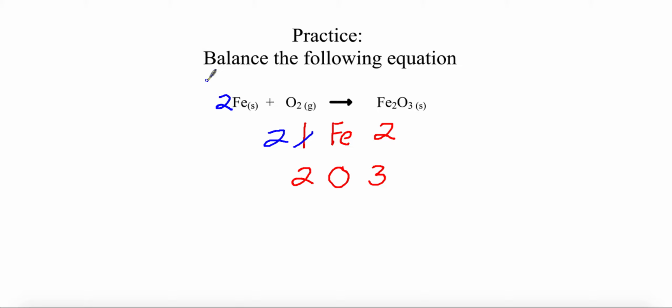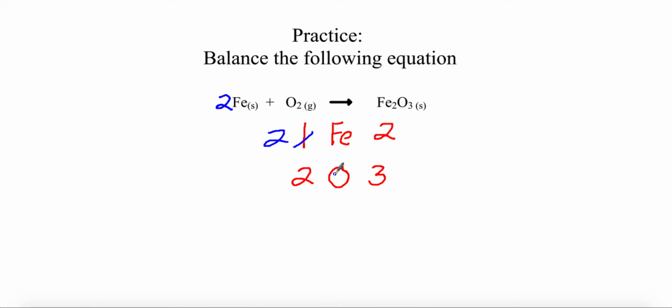And again, I'm putting this as the coefficient because this is going to adjust the number of iron atoms I'm going to have. If I put it as a subscript, I'm changing the substance, which we can't do. So by doubling my irons, I now have an equivalent amount. My irons have been balanced.